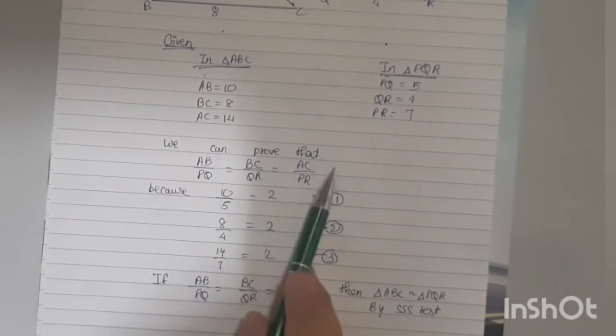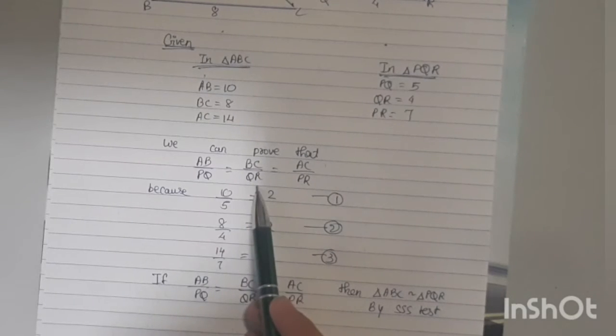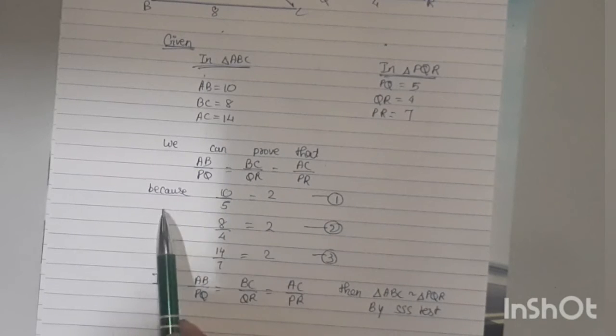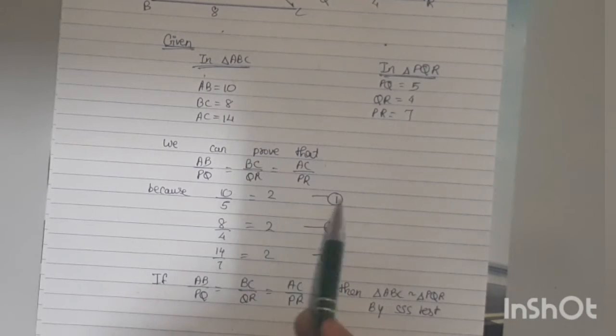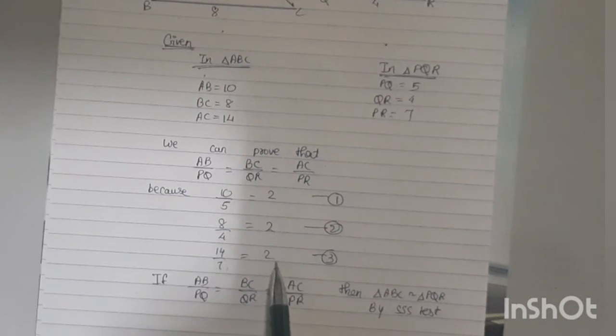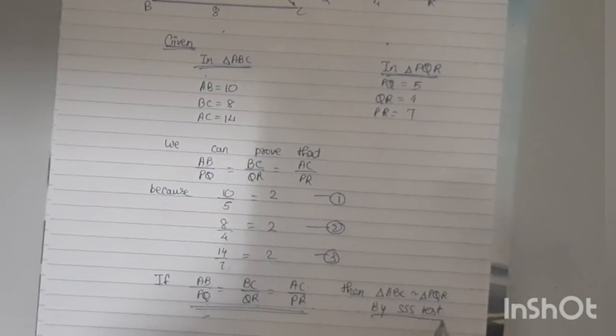Now, can we prove that AB upon PQ is equal to BC upon QR is equal to AC upon PR? Because 10 upon 5 is equal to 2, 8 upon 4 is equal to 2, 14 upon 7 is equal to 2. So if AB upon PQ is equal to BC upon QR is equal to AC upon PR, then triangle ABC is similar to triangle PQR by the SSS test.